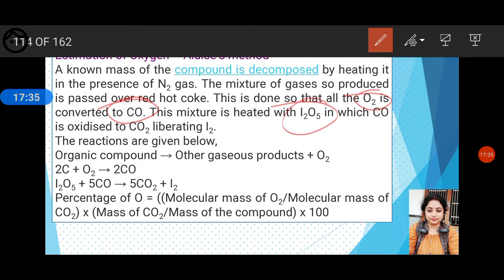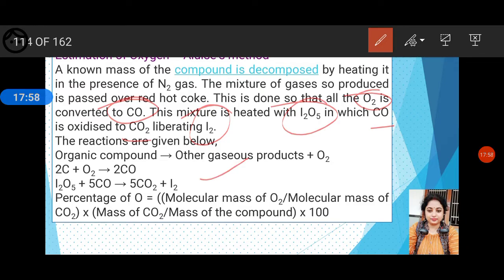Carbon monoxide is oxidized to carbon dioxide, whereas iodine pentaoxide is reduced to iodine. This is Aloy's method. For the same, we will write the reactions just mentioned here.